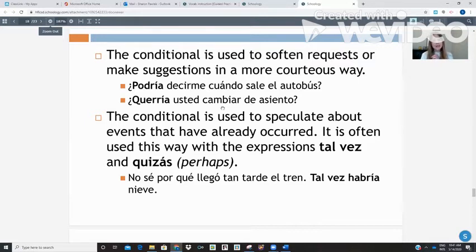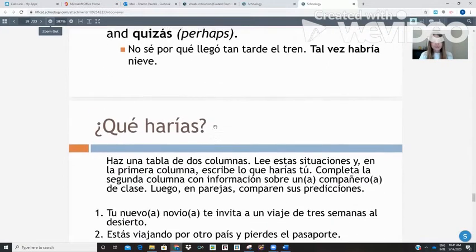So that's a way to say, would you like to change seats? You know, like, would you like to change seats with me? Or would you want to do that? It's just very polite. You can also use it to speculate about things that have already occurred, but we're not really going to get into that too much here.